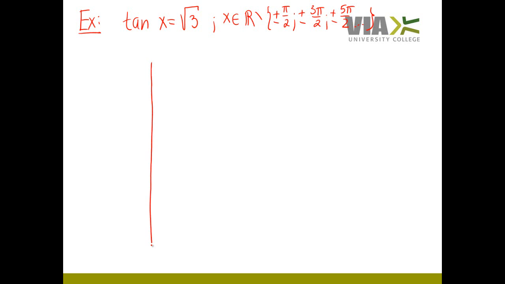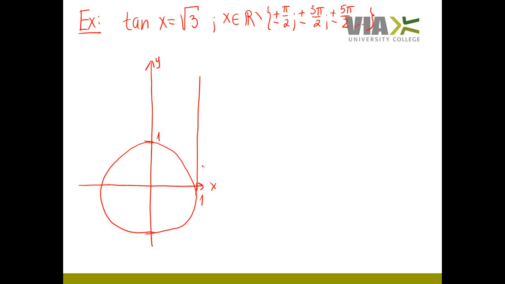Let's try to visualize what we are dealing with. I'm sketching the unit circle. Here we have it. And when we're dealing with tangent, we remember that we have to insert the vertical tangent in the point (1,0). That's the one which we have here.